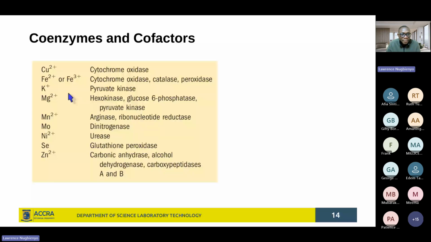You see magnesium ions are serving as cofactors to hexokinase. We saw that a few minutes ago. Glucose 6 phosphatase.